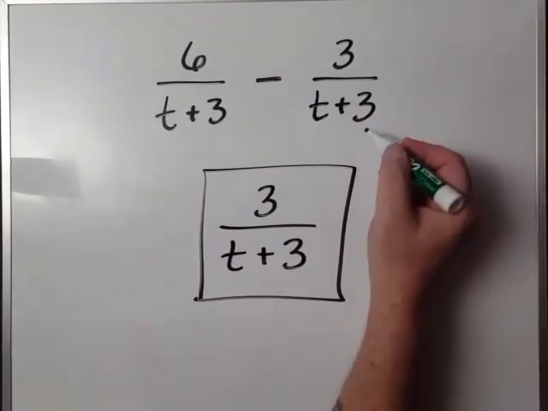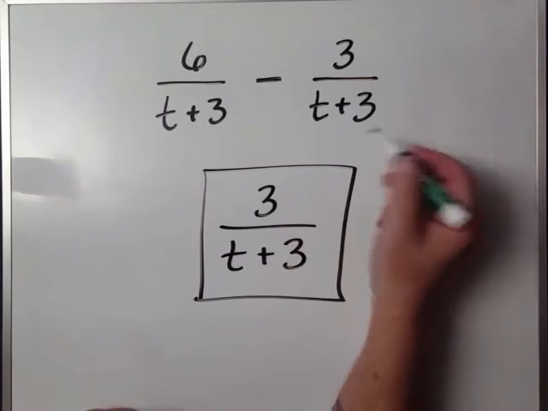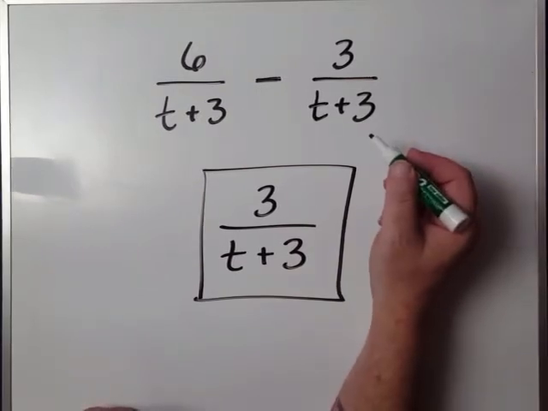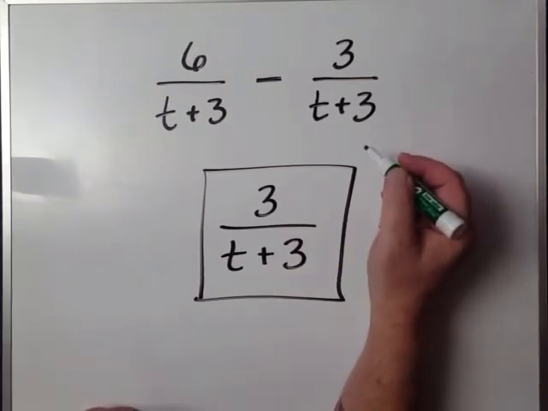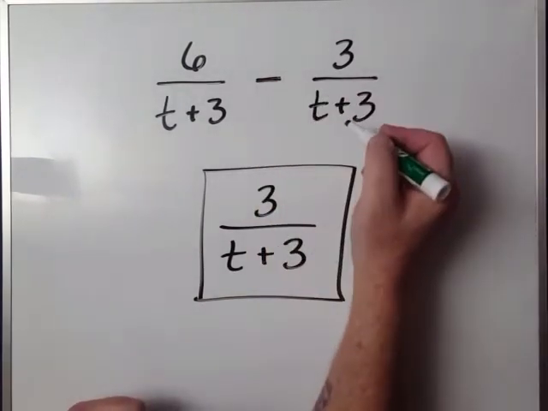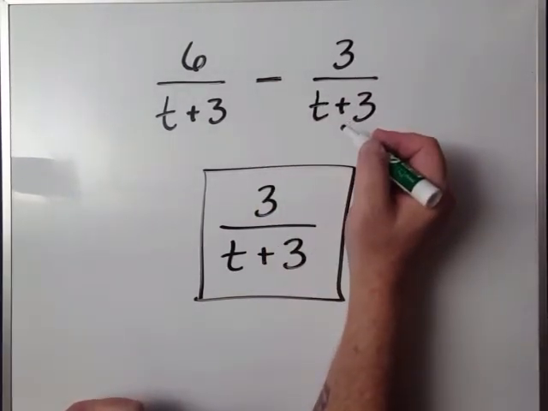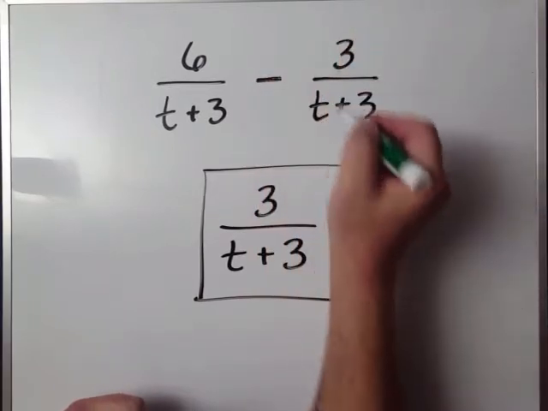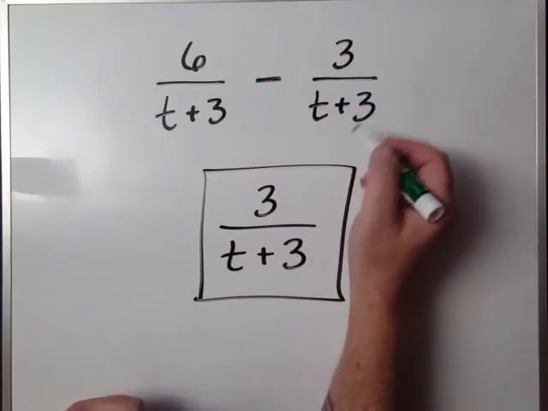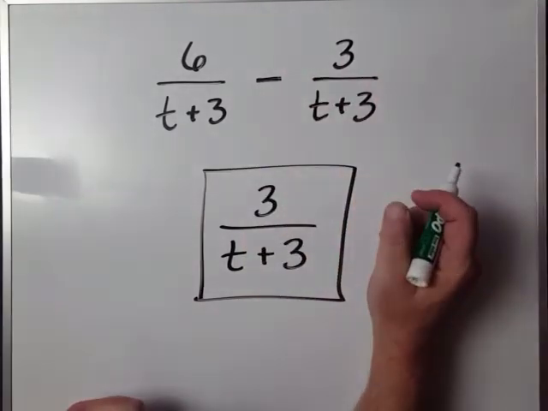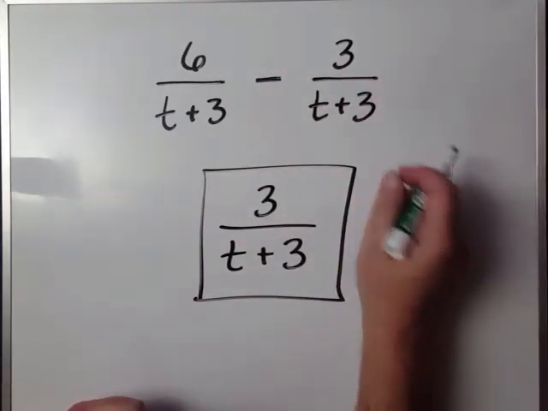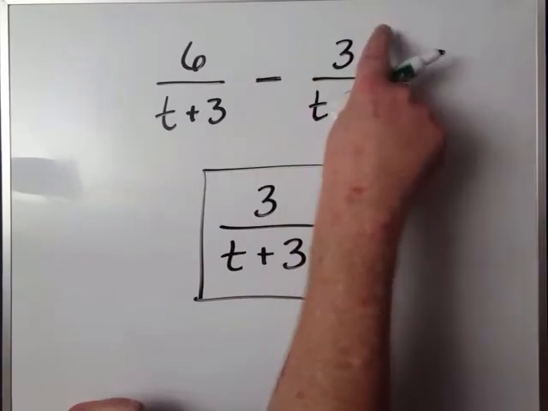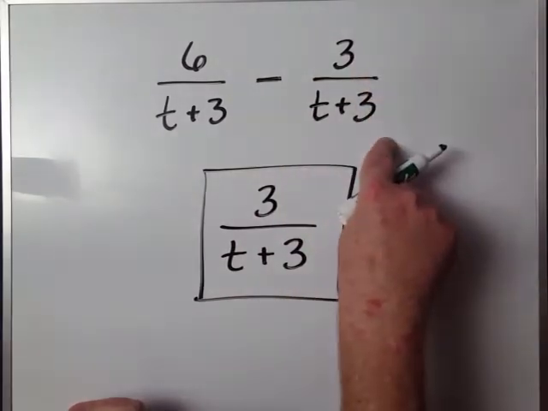Now, when it comes to subtracting rational expressions, there is one thing that I like to do because it keeps me out of trouble. I like to think of it in terms of addition. I can give this negative to that numerator. Remember, a negative can live one of 3 places in a fraction. It can be out front, it can be in the top, or it can be in the bottom.